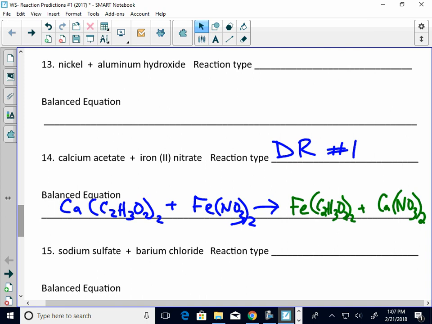Now I need to look at my solubility chart, because I need to have one aqueous and one insoluble. So I look up iron 2 acetate. Iron 2 acetate is soluble.